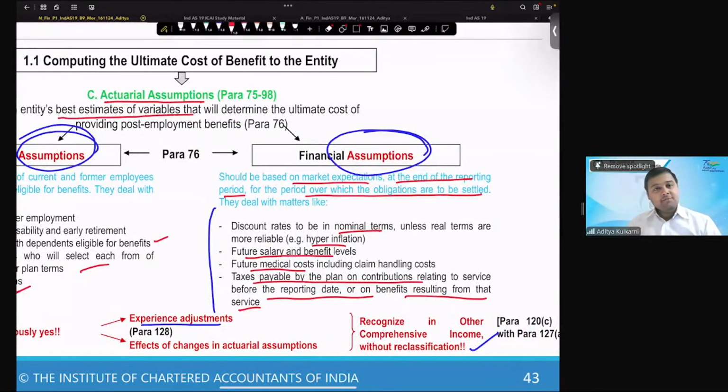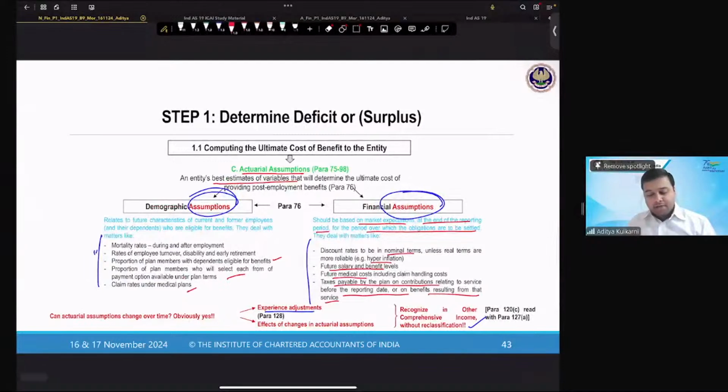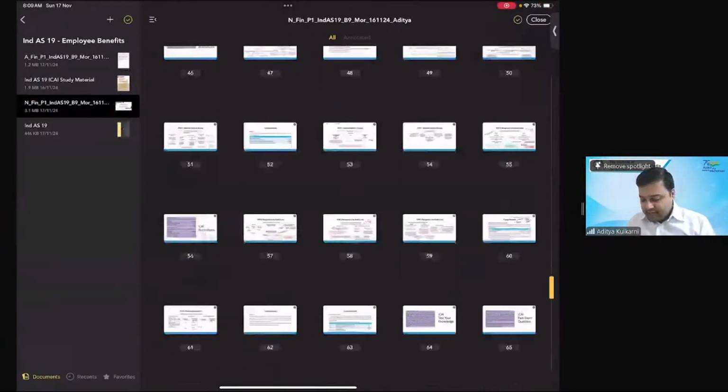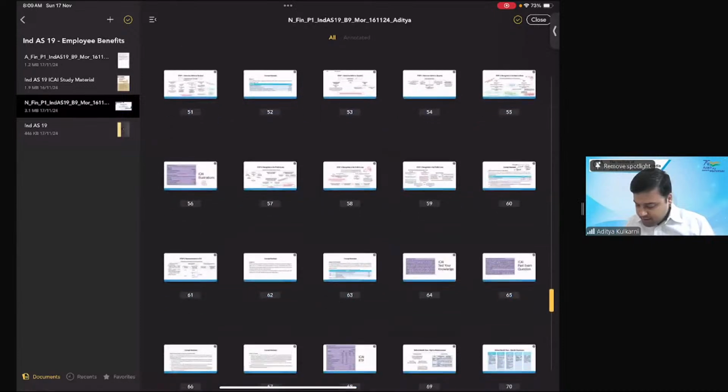The financial assumptions include the discount rate as one of the assumptions. So if the discount rate has changed and because of which you have a remeasurement, the remeasurement will happen on the revised discount rate. Okay. Common sense. I don't have to tell specifically that you will use this rate, but nonetheless the standard has mentioned it, so I have also specified it. Okay, fine.